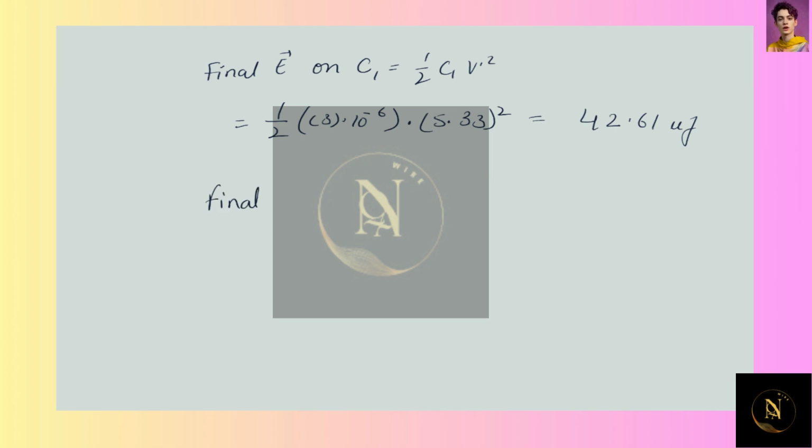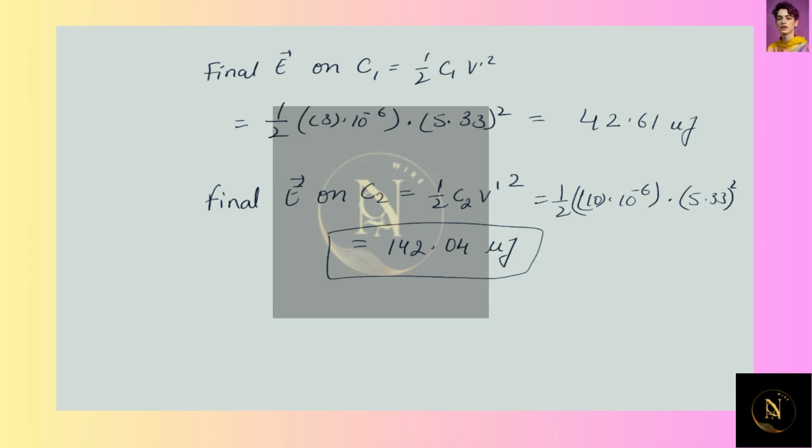Final energy on C2 is equal to 1 divided by 2 C2 V dash squared, which is equal to 1 divided by 2, 10 multiplied by 10 raised to the power minus 6, multiplied by 5.33 to the power 2. After calculation this comes out to be 142.04 microjoule. So C2 has final energy 142.04 microjoule, C1 has final energy 42.61 microjoule.